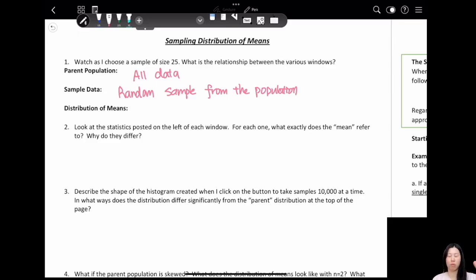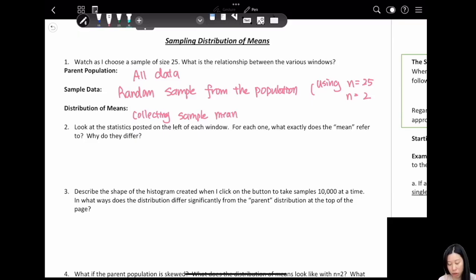So in our previous example, we used n equals 25, which is a sample size of 25. In the second example, we use n equals 2. So the distribution of the mean is connecting the sample means, which is our blue dot.